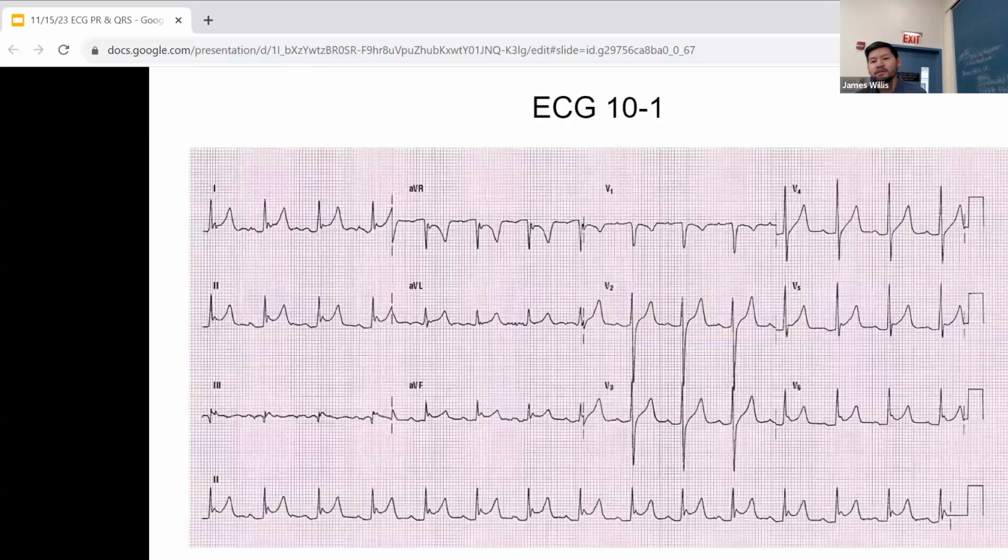All right, so start with our first EKG. What do you guys think? Diffuse PR depressions. Anything else?